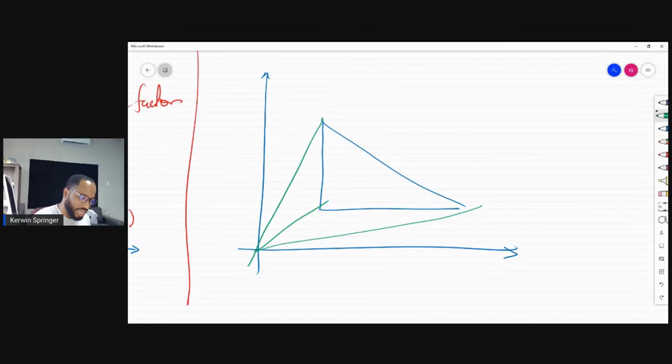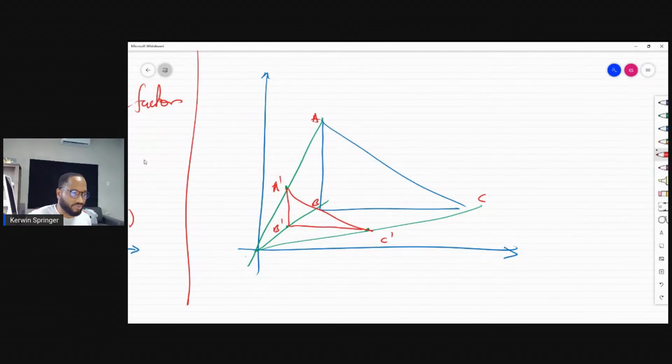And instead of multiplying, I'll have to divide this by 2. And that would be my new thing. That making sense to you? So I come in halfway between all of these, and my new triangle would be here. And this is a reduction. So if this was A, B, C, this is A prime, B prime, C prime.